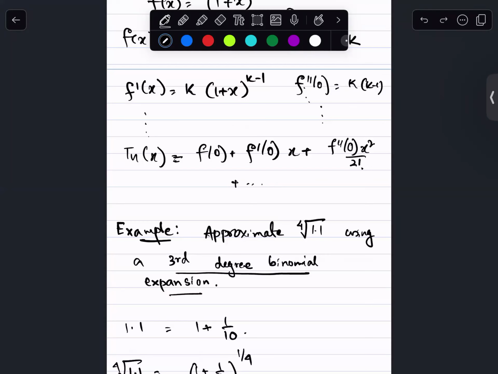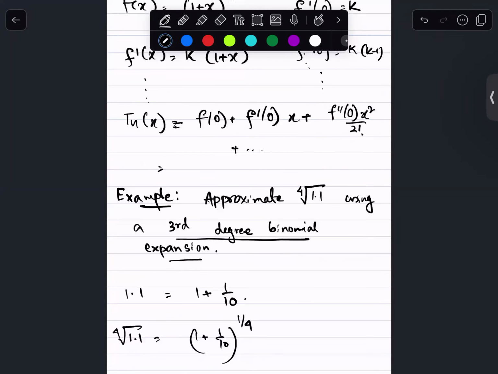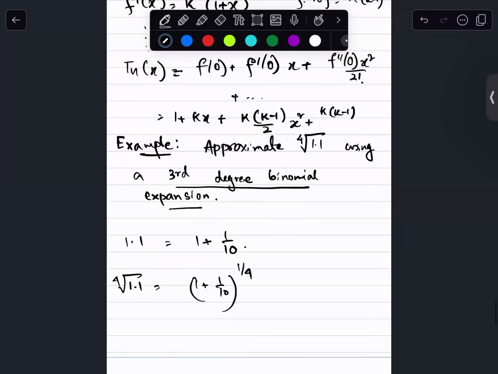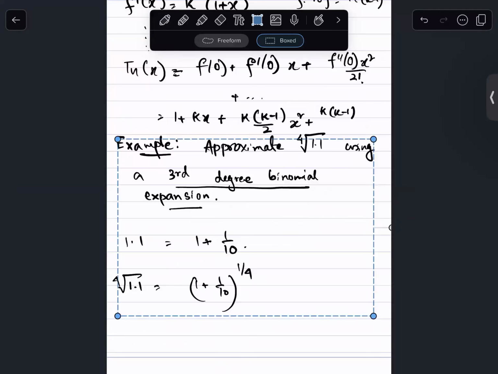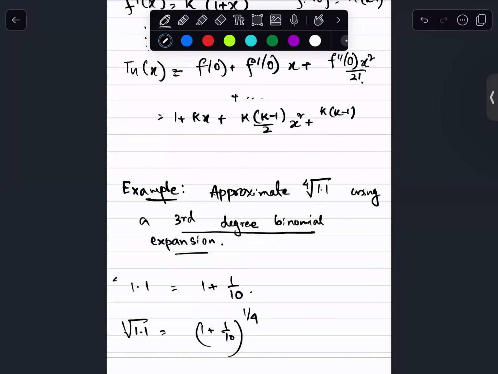Basically, it goes 1 plus kx plus k times k minus 1 over 2 x squared plus k times k minus 1 times k minus 2, x to the third over 3 factorial, plus so on.